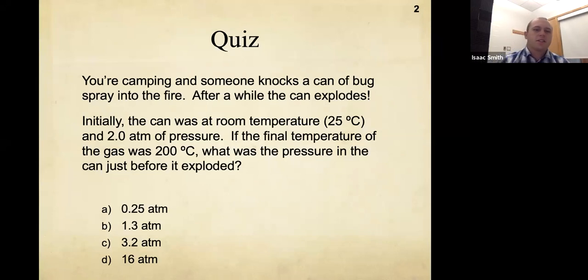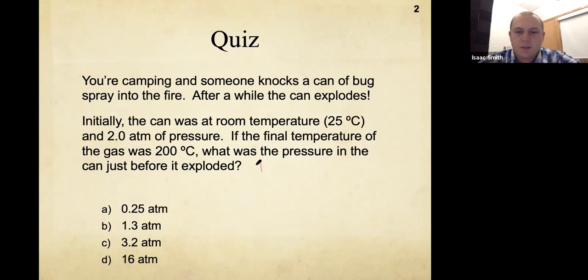Okay, so the question is, you're camping and someone knocks a can of bug spray into the fire. After a while, the can explodes. Initially the can was at room temperature and 2 atmospheres of pressure. I like to write down information as I move through because sometimes there's a lot of information in the question.